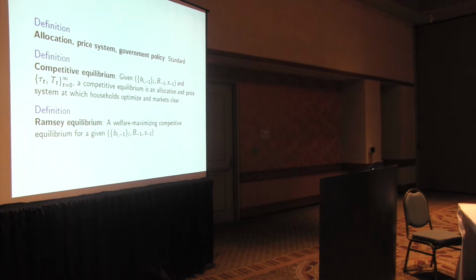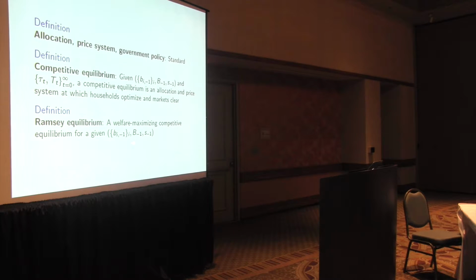What we are going to look for is a Ramsey plan or Ramsey equilibrium, which is the best competitive equilibrium the government can achieve. So given policy, you have a competitive equilibrium, and the government is going to choose policies that get the best competitive equilibrium. And when I say best, it's in terms of the criterion function which I laid down before: the Pareto weighted lifetime utility of all agents is highest.